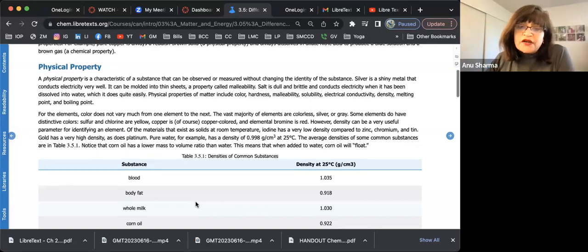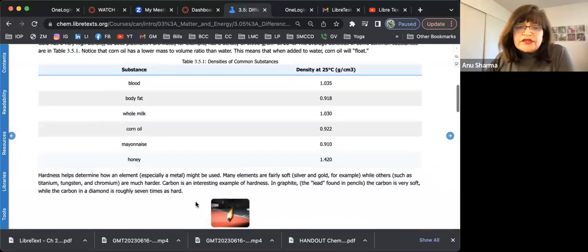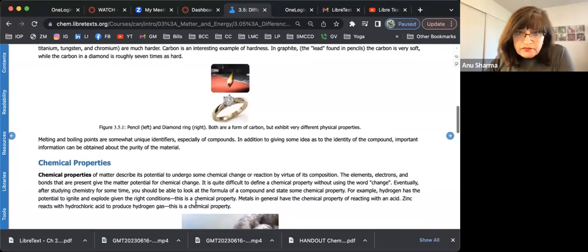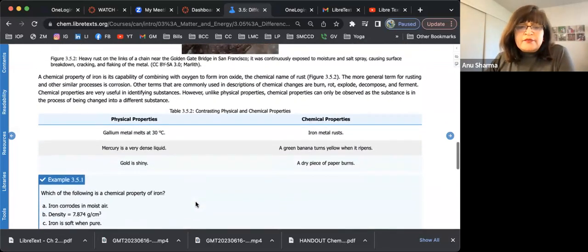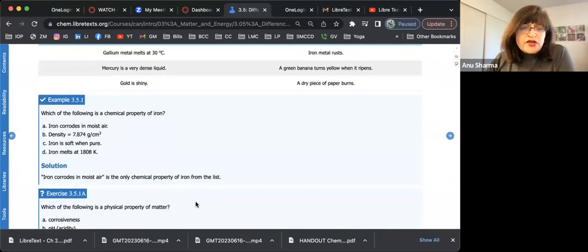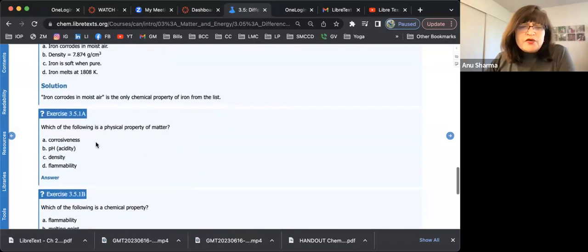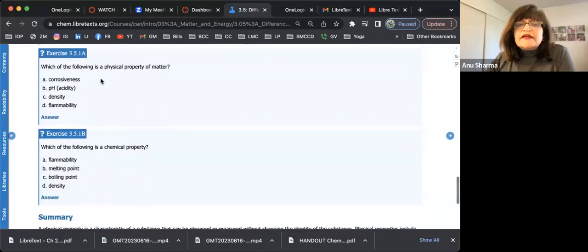These are the two broad categories we define for matter. So here is an exercise problem. Which of the following is a physical property of matter? Physical, like I said, is something you look at, the physical characteristics on the outside. So corrosiveness. Corrosiveness is when there is corrosion, meaning erosion of the surface. Like acids, when they fall on something, they erode.